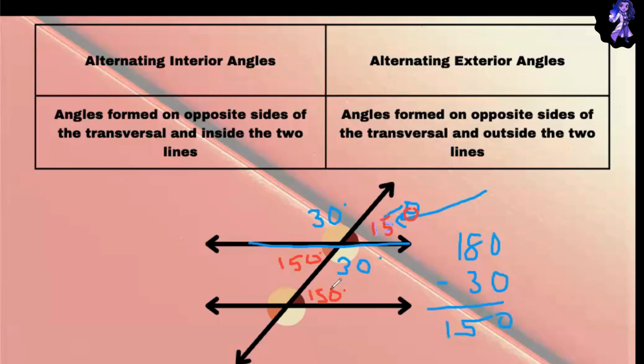So this is going to be 150 degrees. And we could say the same for the opposite side for the interior angles: if this is 30, guess what? This is going to be 30 as well. And based on alternating exterior angles, if this is 30, we could say that this is 30 as well. And if this is 150, we can say that this is 150 as well.